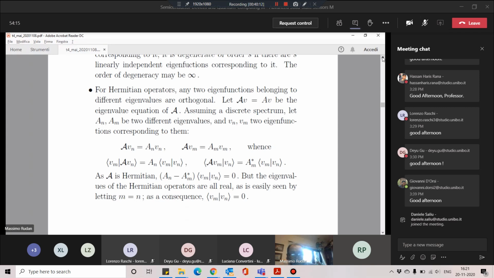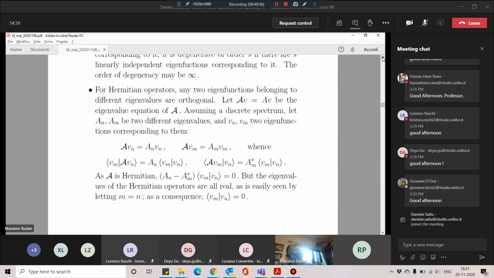You remember in the simple example of vectors, if you take a two-dimensional problem for simplicity, and you have two vectors that are non-parallel, but non-orthogonal either.